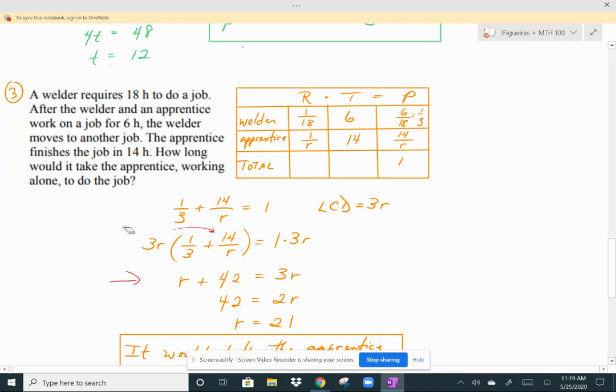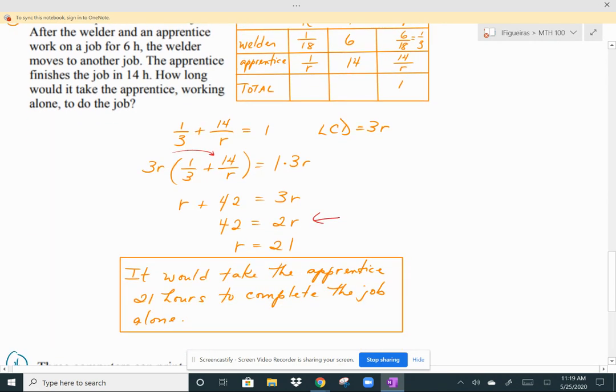Then you need to get your r's on the same side. The right side is 3r. Subtract r from both sides. You get 42 equals 2r. Divide by 2, and you get that r is 21. What that means is that if the apprentice was doing the job on his own, it would take him 21 hours to complete the job.